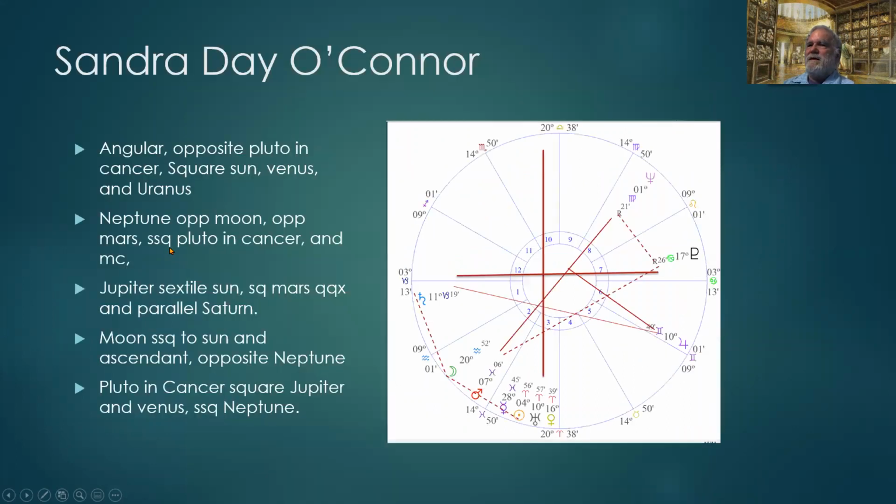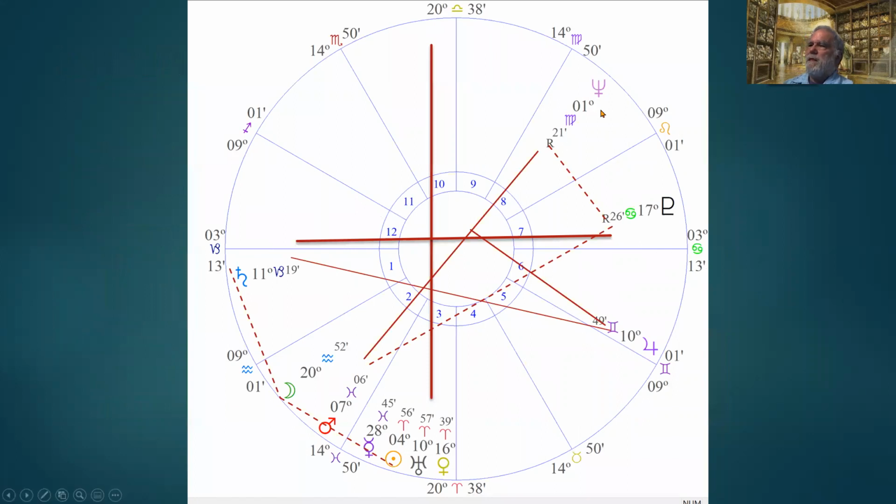And then we're looking at Neptune. Neptune is opposite the moon, opposite Mars, semi-square Pluto in Cancer in the MC. So Neptune is prominent in this particular chart. It's prominent by being the highest planet in the chart. To me, there's always a question with a high planet, like if one was higher over here, but a little lower here, maybe that's not.